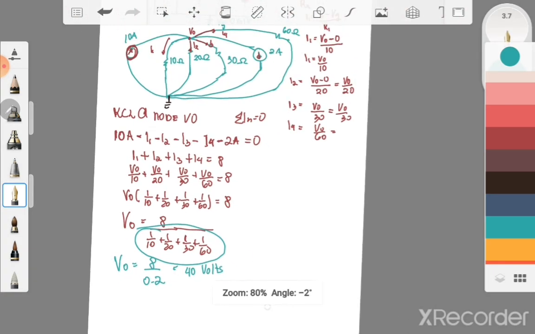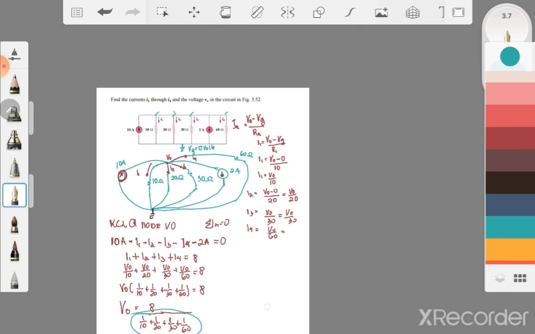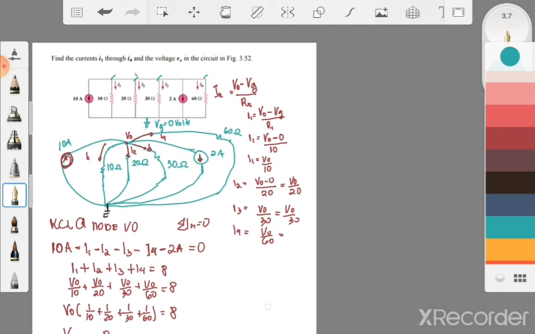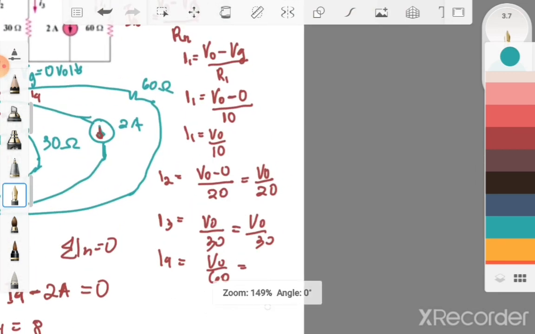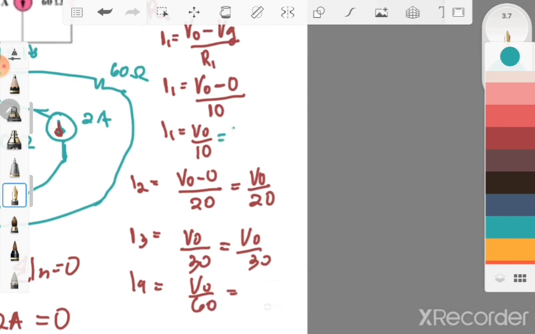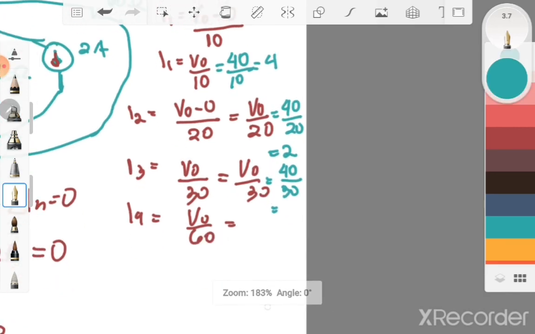Okay. So solving for our I1, I2, I3, and I4, my I1 is equal to 40 divided by 10, which is equal to 4 amperes. I2 is equal to 40 divided by 20, which is equal to 2 amperes. And then I3 is equal to 40 divided by 30, which is equal to 1.33 amperes.